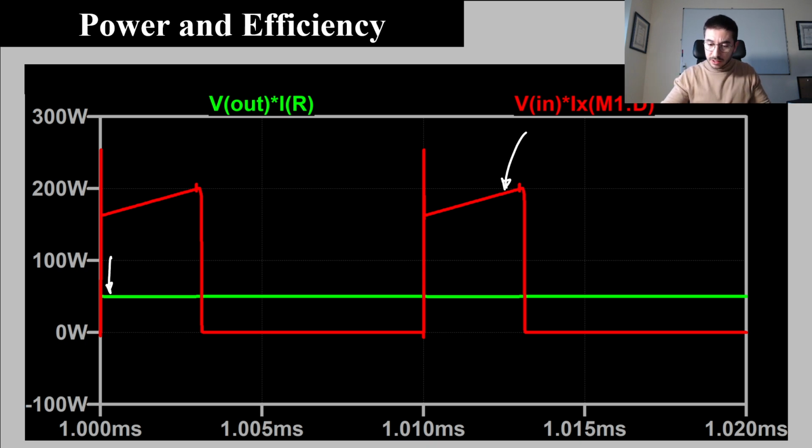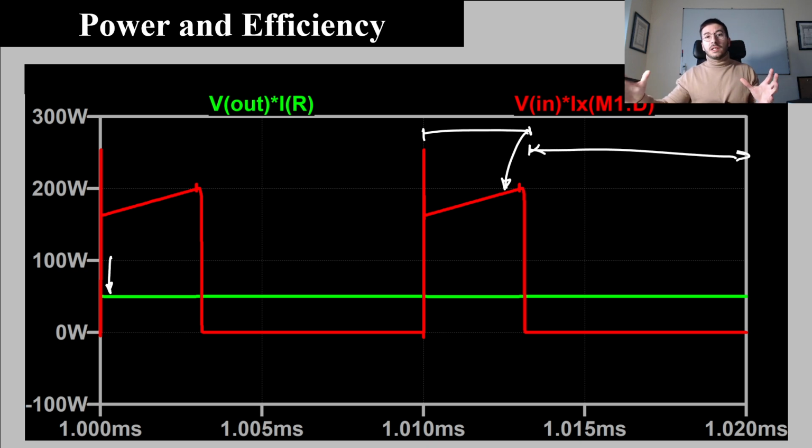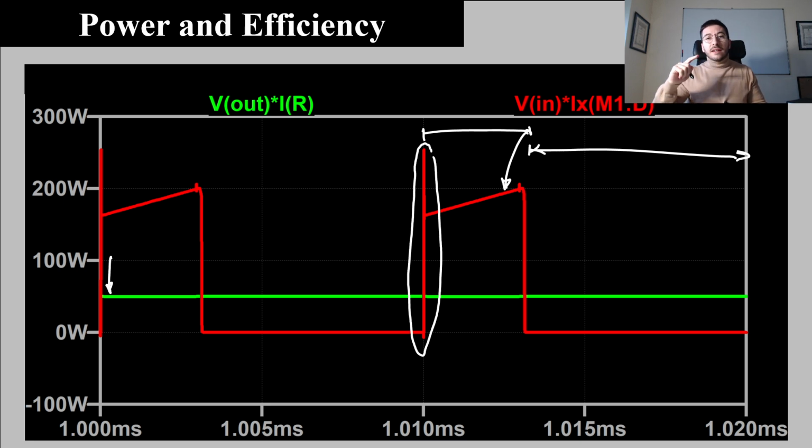Because here we turn on the MOSFET, and here we don't have current because the MOSFET is off. Well, as you can see here, we can see the power peak that we have identified in previous waveforms. So that effect also appears here.